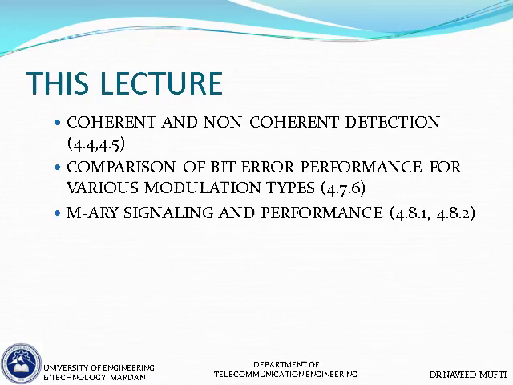In this part of the lecture we will first look at the two types of detection, coherent and non-coherent detection, and their differences, and then we will compare bit error performance for various modulation types. And finally, we will look at M-ary signaling and its error performance. So these constitute the main themes of this part of the lecture.